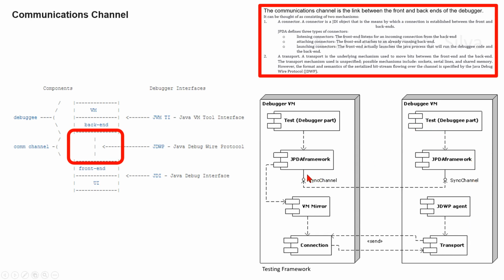The JPDA framework in the Debugger VM is connected to the JPDA framework in the Debuggee VM via the sync channel. The connection interacts with the transport via send. The test Debuggee part is connected to the JPDA framework, and the JDWP agent is connected to the transport.